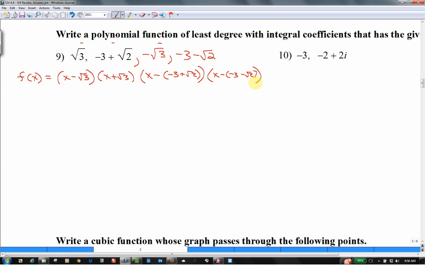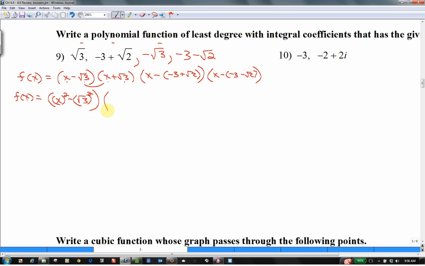Okay, let's go ahead and simplify some of this. The first one is a difference of squares. I have the same numbers and variables, one's added, one's subtracted. So I could write these first two factors as a difference of squares. That would be x squared minus the square root of 3 squared. And the other ones need quite a bit more work.